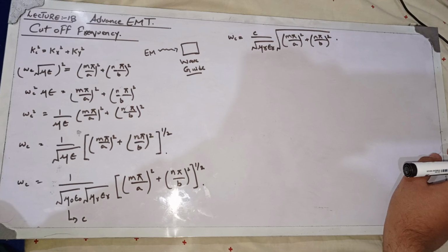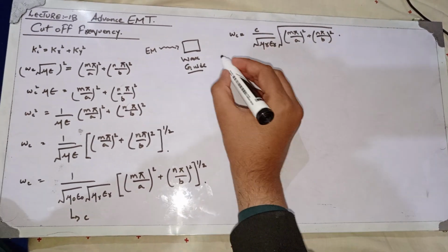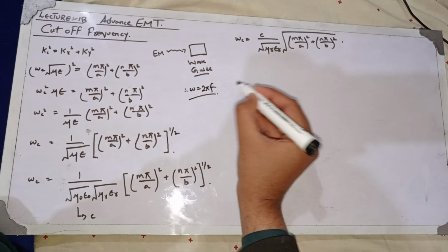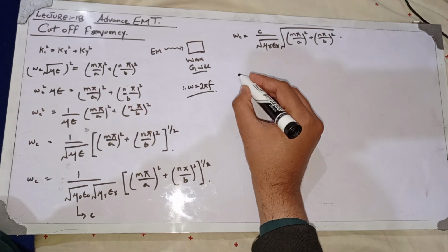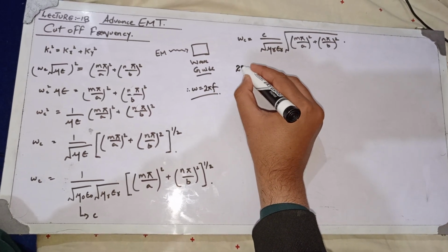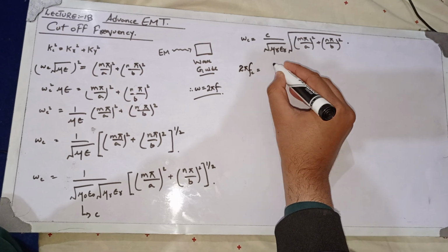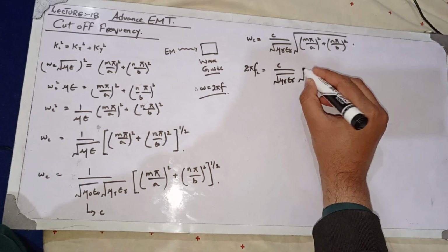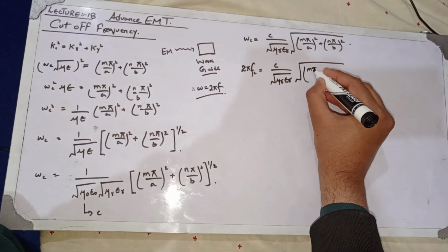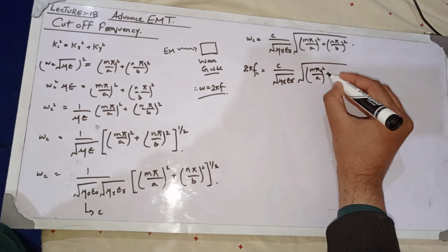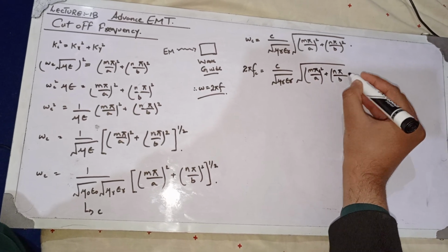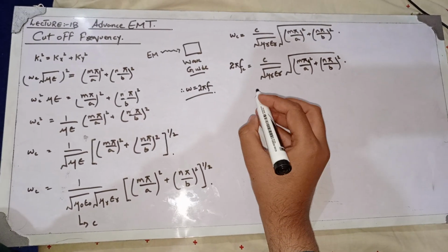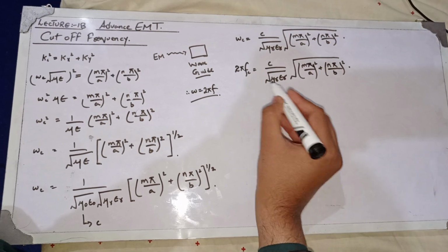Now we know that omega is equal to 2 pi f, and we have to find the cutoff frequency. So omega c becomes 2 pi fc, where fc is the cutoff frequency, equal to c divided by under root mu r epsilon r times the square root of (m pi by a) square plus (n pi by b) square. Now we have to find fc, so move this 2 pi to the other side.